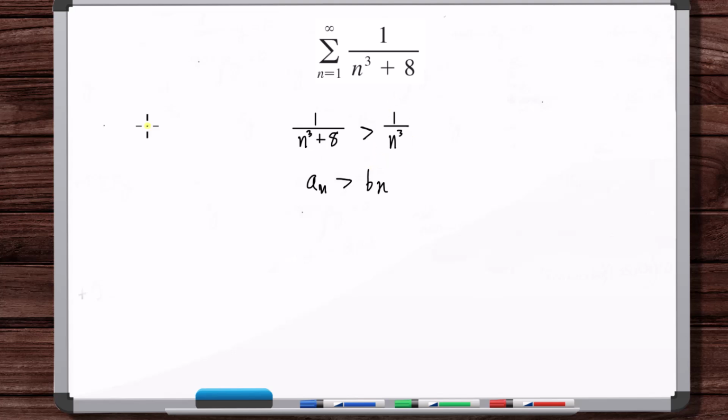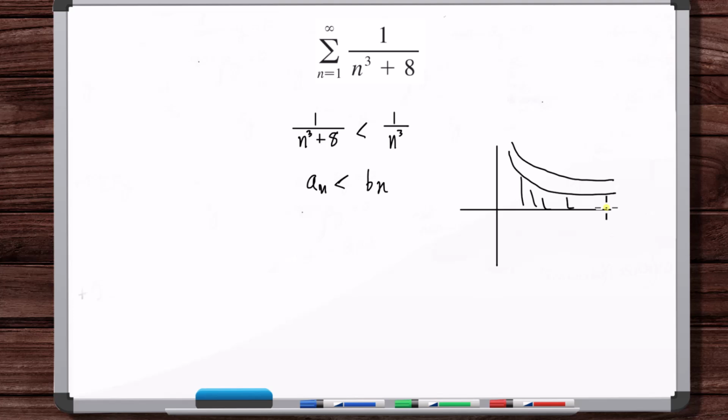This is greater than, because you add 8 and you get a bigger denominator. So these terms are always greater than these terms, but we know this series is convergent. So we have a series that's always greater than another series, but the one that's greater is convergent. So that means this is going to be convergent.